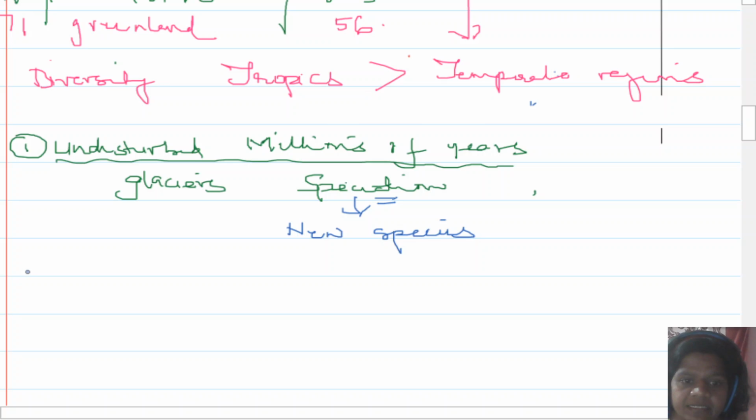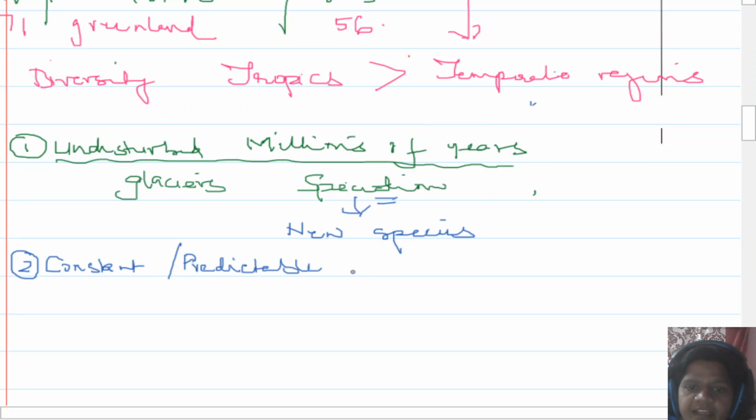The second reason is that the climate is constant and predictable. They had a constant and predictable environment.